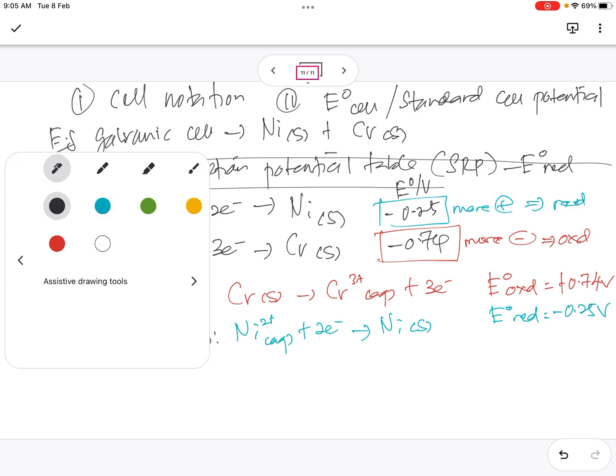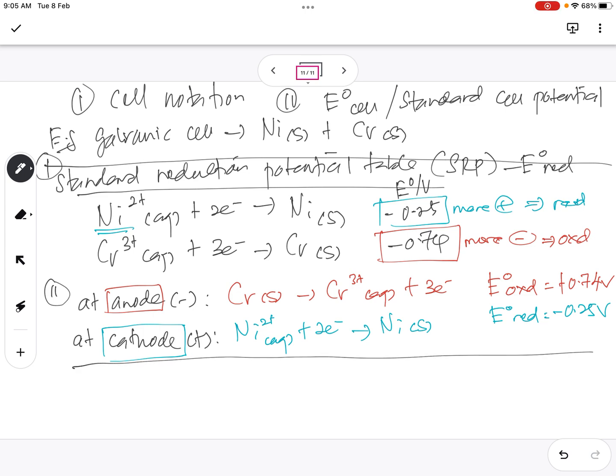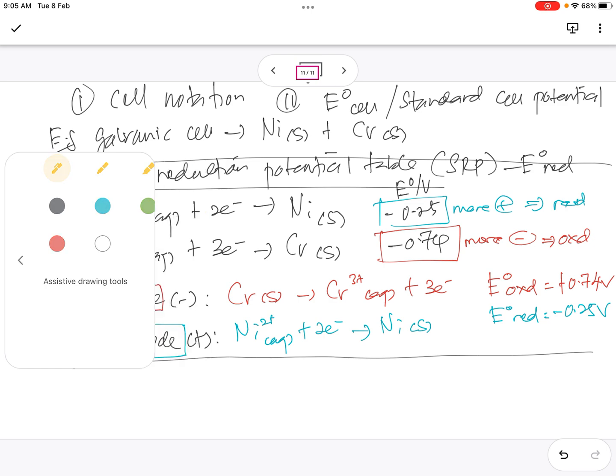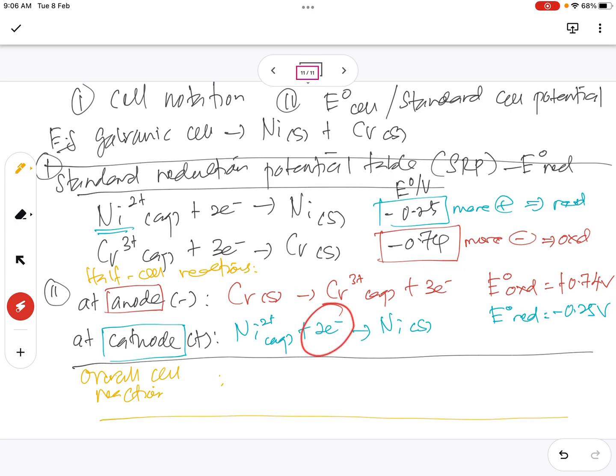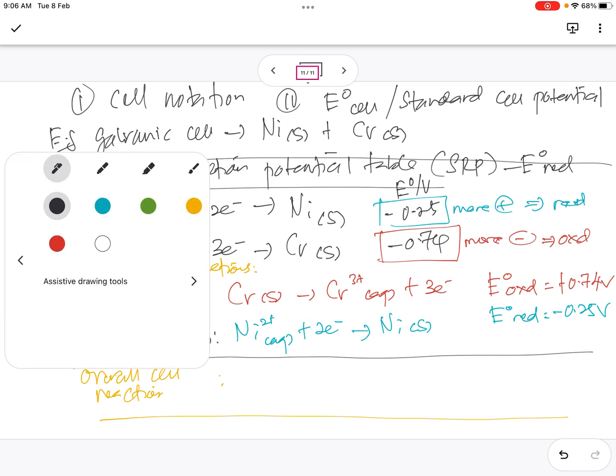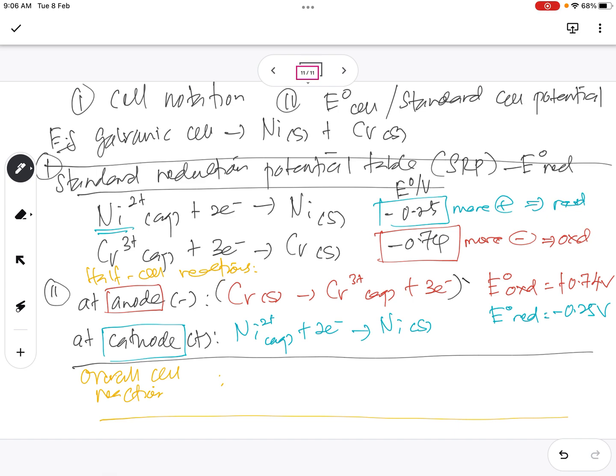Okay. So now these two, at the anode and cathode, we can call them half cell reactions. Okay, those are half cell reactions. We are going to find the overall cell reaction. In our overall cell reaction, bear in mind we have to cancel our electrons. However, the number of electrons is not the same, so we have to make it the same. That means this part we multiply by 2 and this part we multiply by 3.